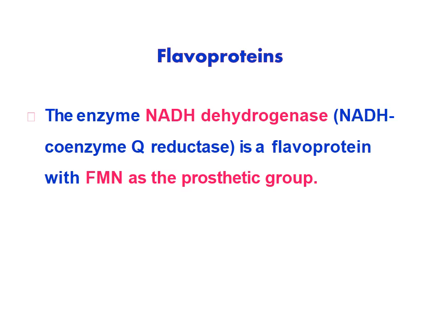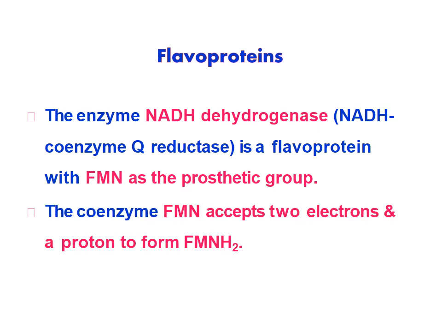The enzyme NADH dehydrogenase is a flavoprotein with FMN as the prosthetic group. What is a prosthetic group? It is the group present along with the enzyme, the non-protein part of the enzyme.